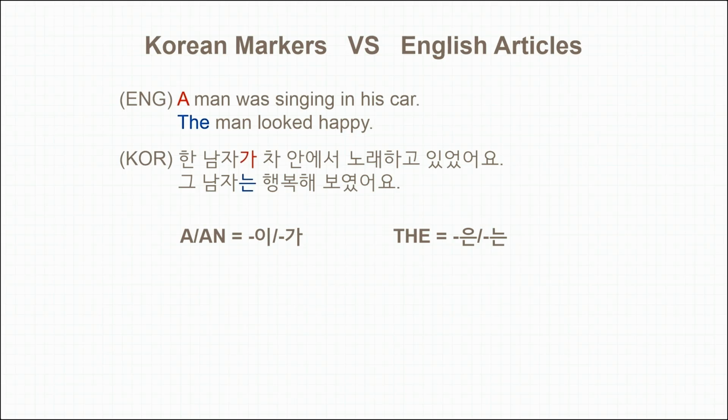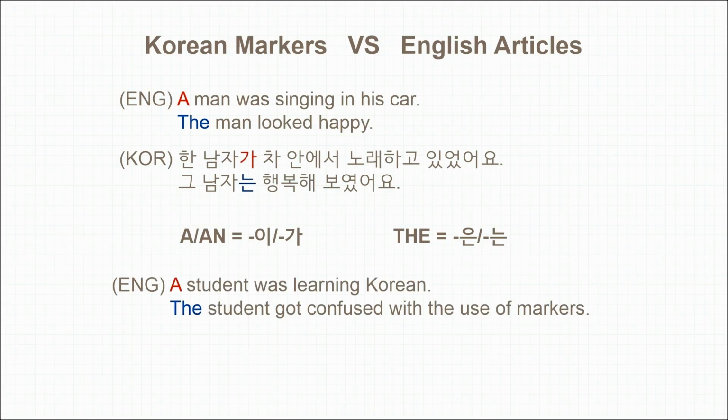This rule doesn't always apply perfectly, but it can help you understand 은는 and 이가 more easily, since articles are used so frequently in English. Let's look at one more example. In English, you might say, a student was learning Korean.